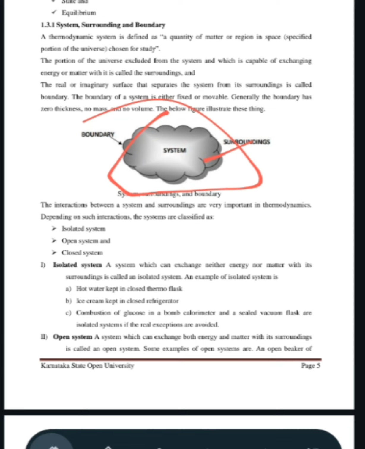An isolated system is a system which can exchange neither energy nor matter. An open system is a system which can exchange both energy and matter. And a closed system cannot exchange matter, though it can exchange energy.